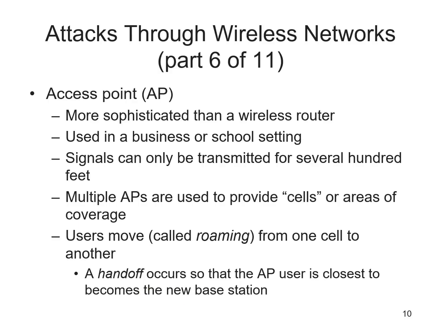Now, in order to explain access points in a nutshell, in organizations or in schools, mostly in the universities, you will find a different kind of access points. They are different than the wireless routers that we have at home.